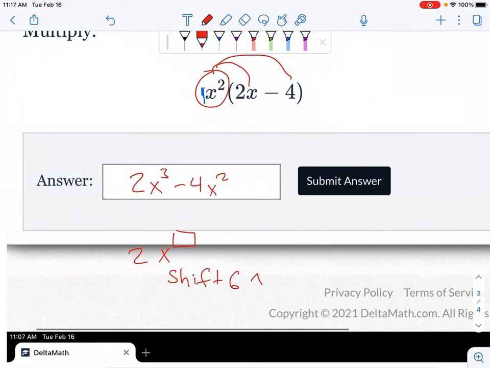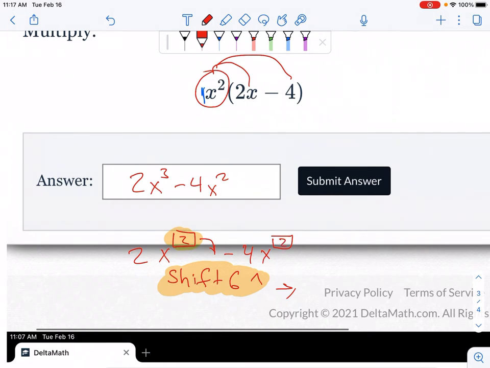So if you do Shift and 6, that's going to give you this little exponent guy. And then you're going to be able to write a 2 in there, right, to the second power. And then you want to hit the right arrow because that's going to bring your cursor back down, and you can write minus 4x. And then you're going to hit Shift 6 again to get your box up here and a 2.